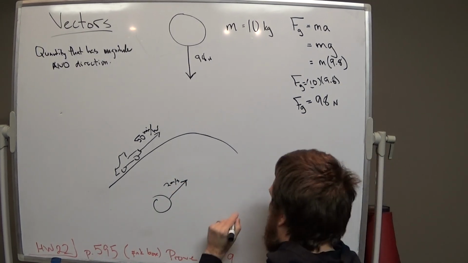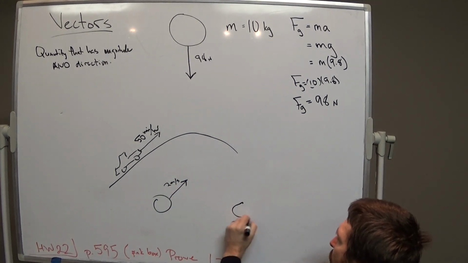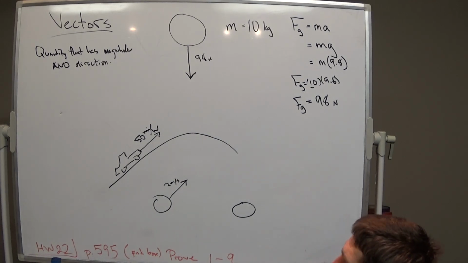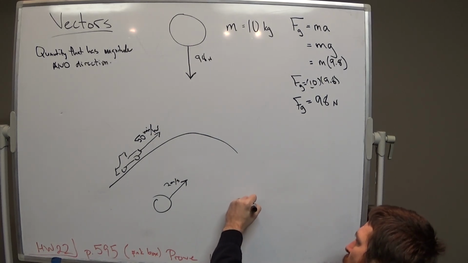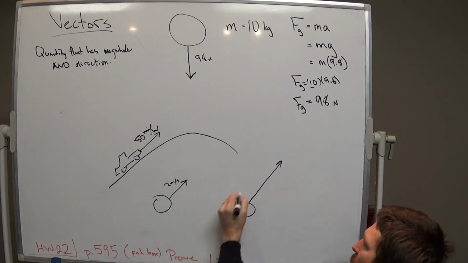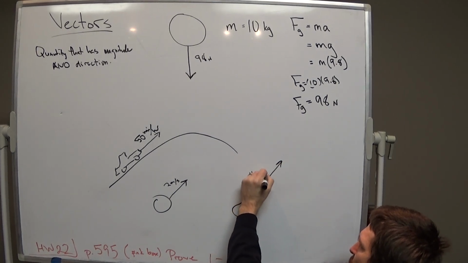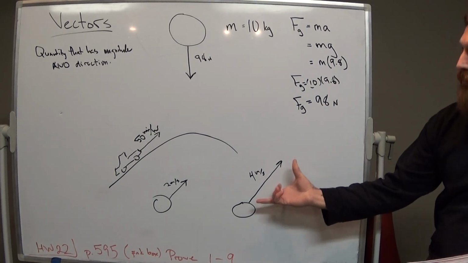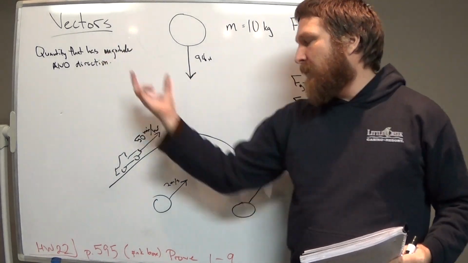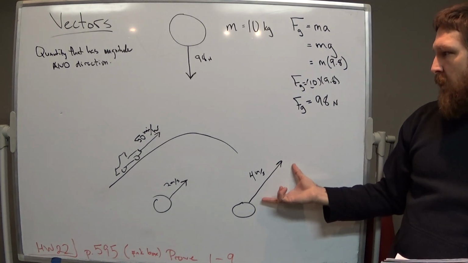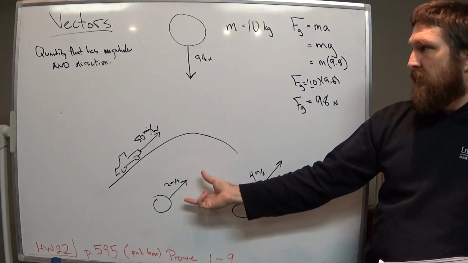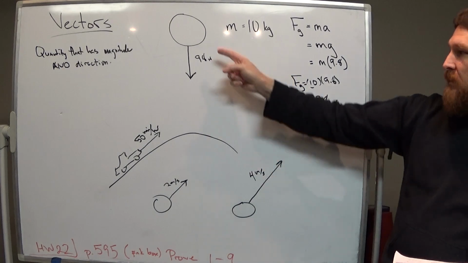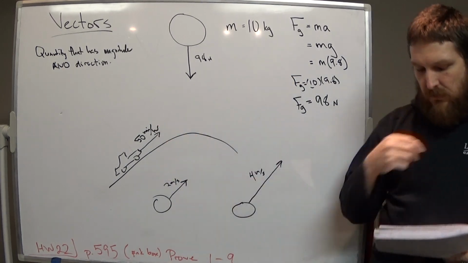But if I threw another ball at, say, 4 meters per second in the same direction, I would draw this twice as long to show that it's moving that much faster, 4 meters per second. And so the length of the vector is what we're talking about with magnitude. Okay? And yes, each one of these things are vectors. It's a quantity that has a magnitude, and in every case, a direction.